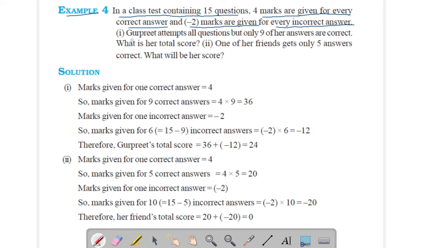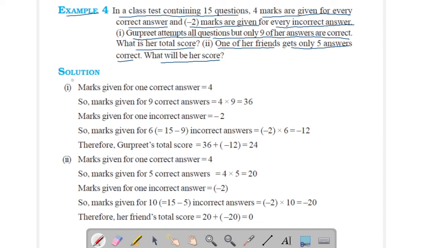Now first part, Gurpreet attempts all questions but only 9 of her answers are correct. What is her total score? Now second part, one of her friends gets only 5 answers correct. What will be her score?